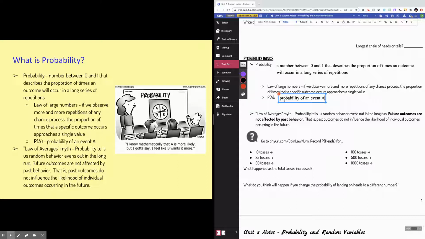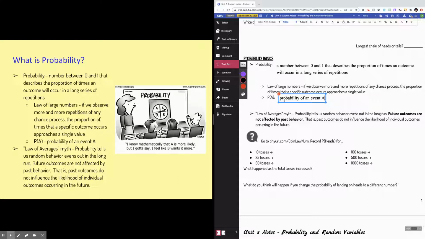But basically insinuating that the probability that they're going to win has changed, but it hasn't, right? So the law of averages tells us the probability of a random event will even out to a specific single value, a true value in the long run, right? That's your many, many repetitions. But future outcomes are not affected by past behavior.